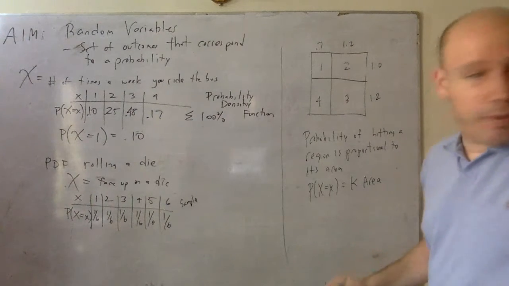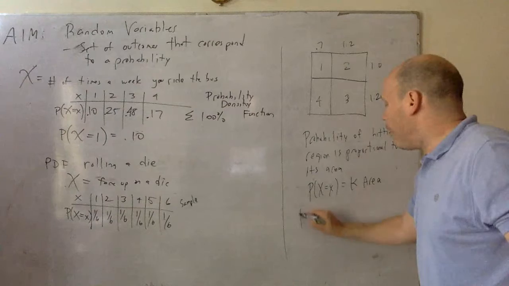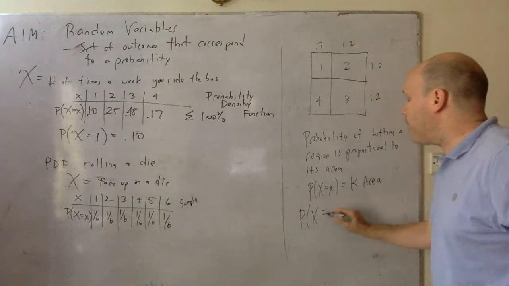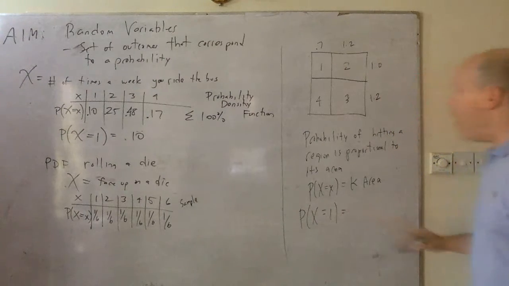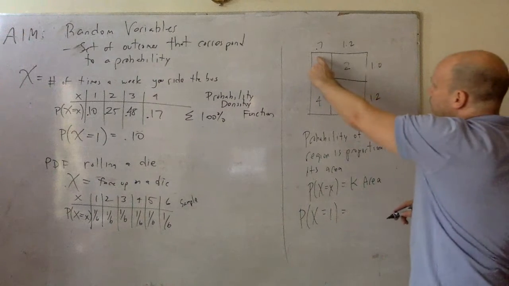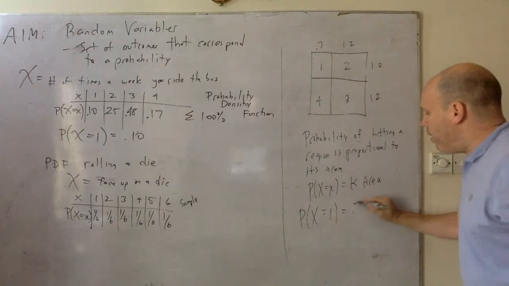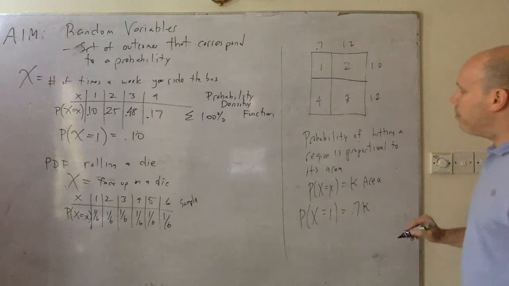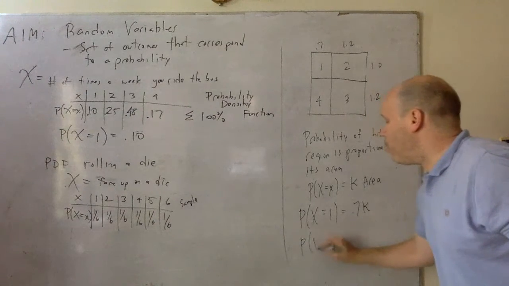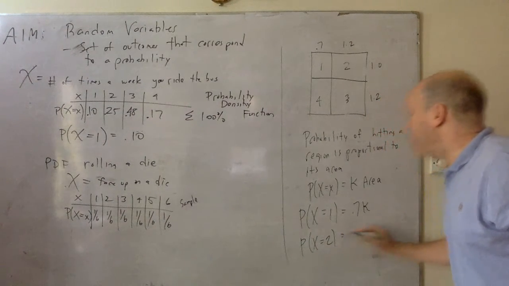So we can start to make a table of values, right? So the probability that X equals 1 is equal to, well, the area of 1 is 0.7, but it's proportional. The probability of 2 is same thing.